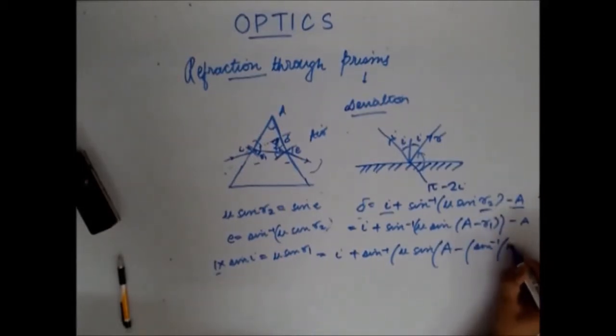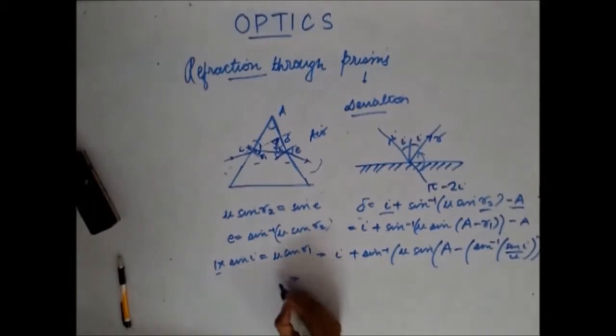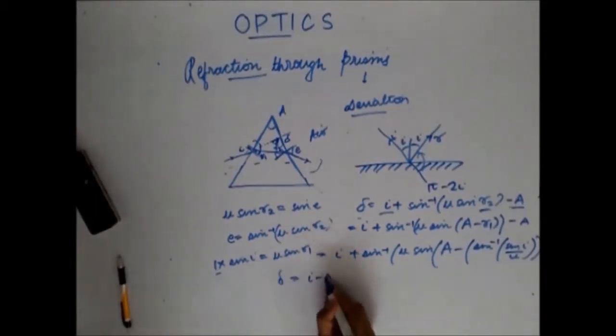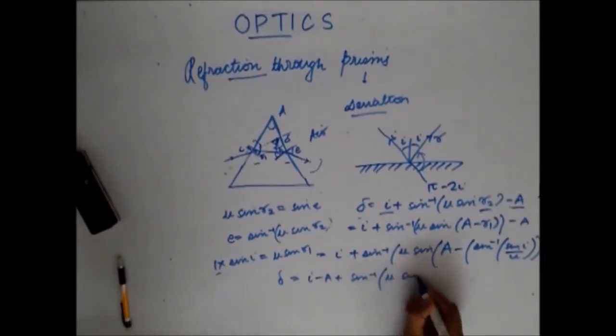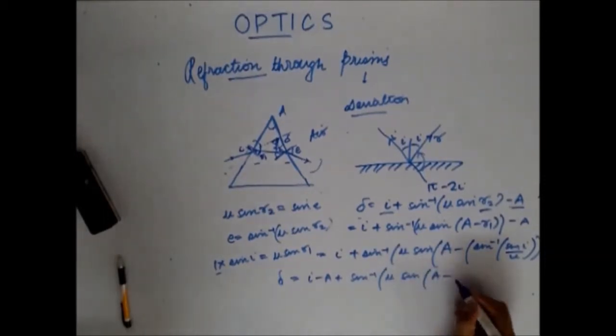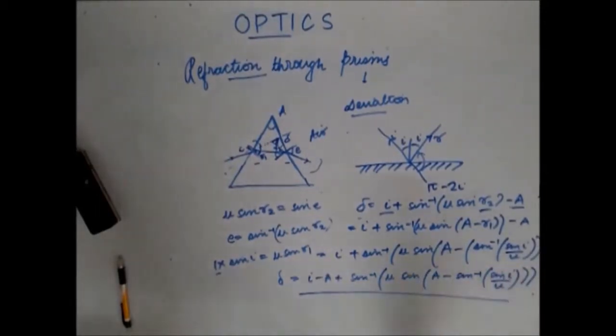So my final answer for delta is I minus A plus sine inverse of mu sine A minus sine inverse of sine I by mu. Okay, so this is my delta.